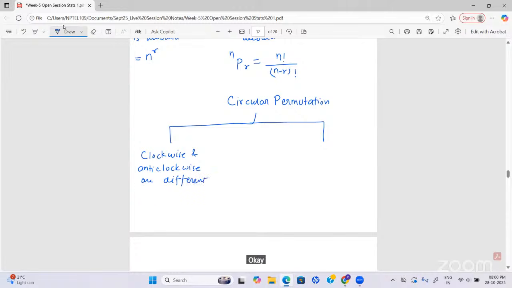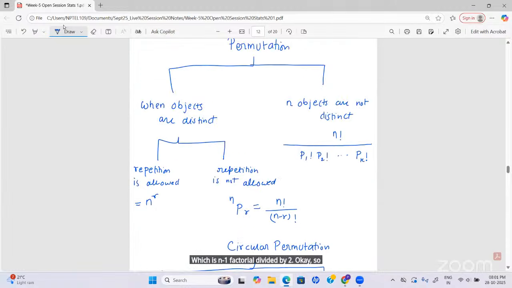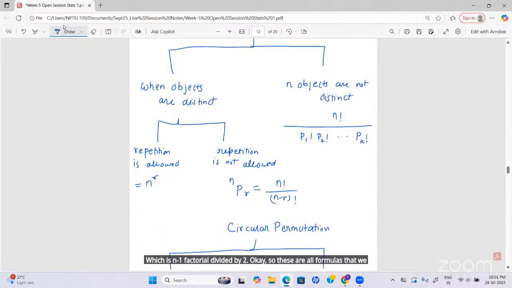When clockwise and anti-clockwise are different, the formula is n minus 1 factorial. When clockwise and anti-clockwise are the same, the formula will be half of it, which is n minus 1 factorial divided by 2. So these are all the formulas that we have discussed in today's session in week 6.